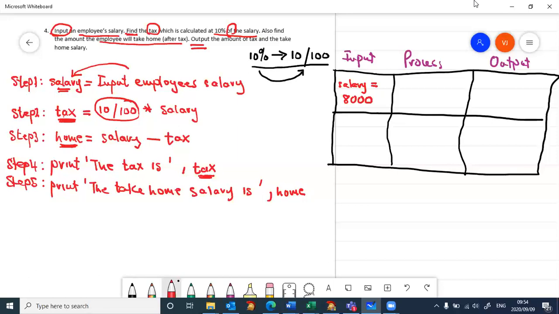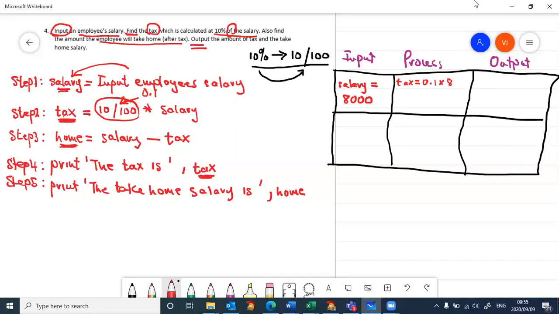So in our process, there's 2 things we need to work out. So the tax is equal to 10 divided by 100. Now, if you know your maths, you will know that 10 divided by 100 is 0.1, right? So that's 0.1 times the salary.